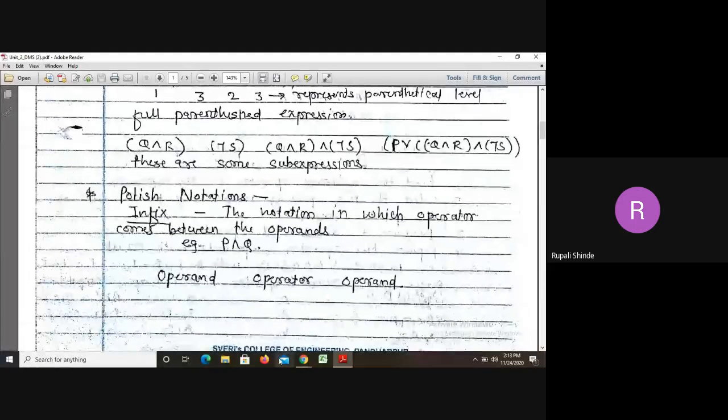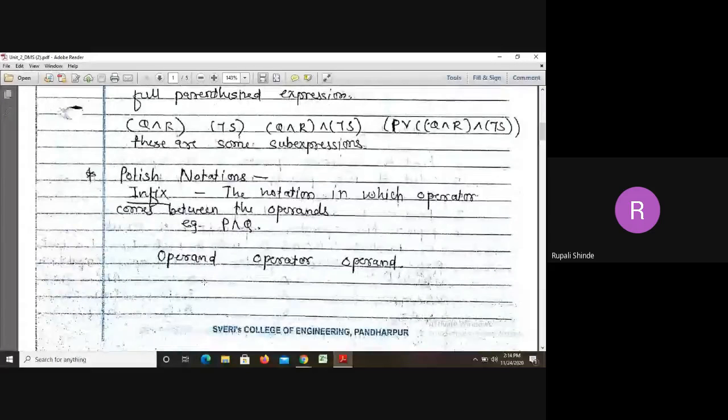Its format is just like P and Q. Why is this called infix? Because the operator comes in between operands. In this example P and Q are the operands, and this is the operator. So its syntax is operand, operator, operand. This is the infix notation.